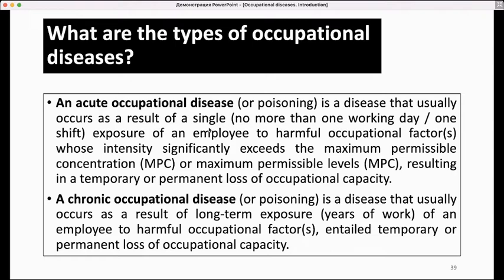That is a disease that usually occurs as a result of long-term exposure, taking years of an employee's work, to harmful occupational factor or factors, and entails temporary or permanent loss of occupational capacity.